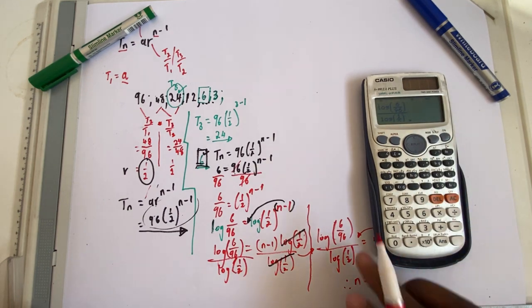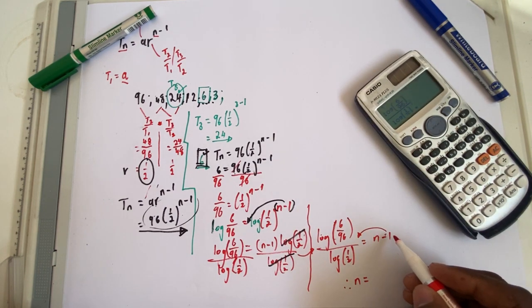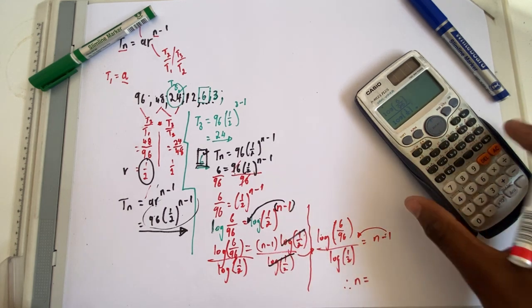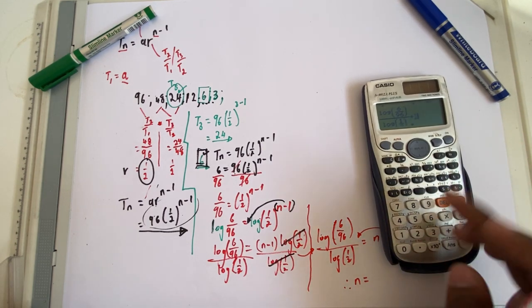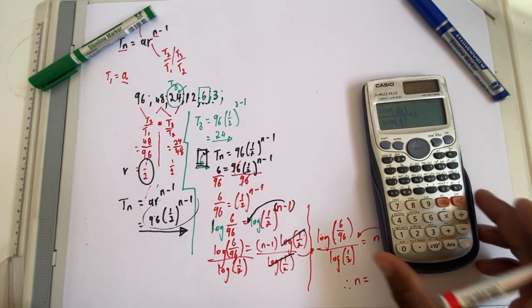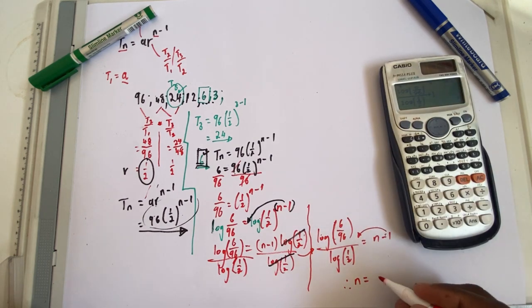And then because this one was negative, when it moves to that side, it will be positive. So I will add it to the whole thing. So what do I get? I get 5. So n is equal to 5.